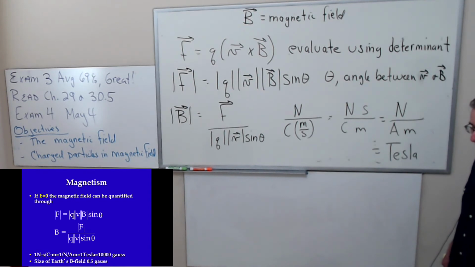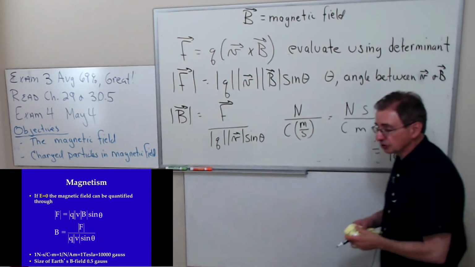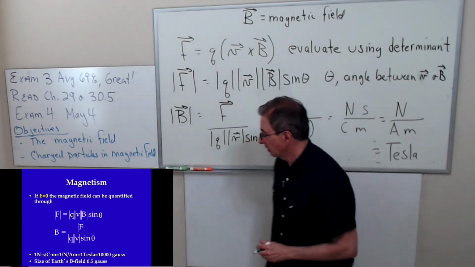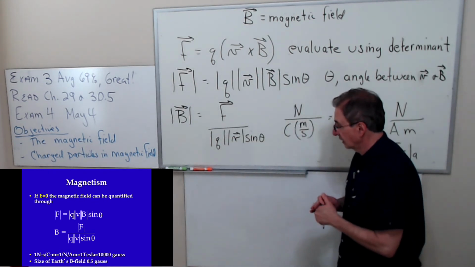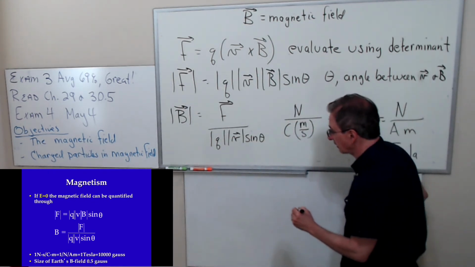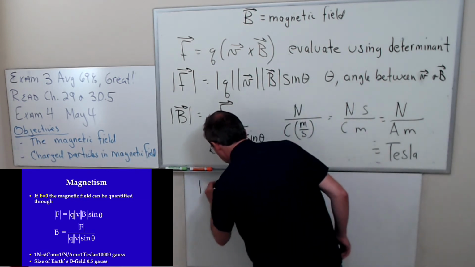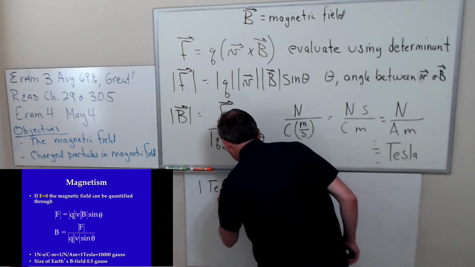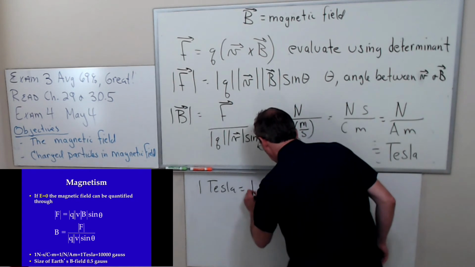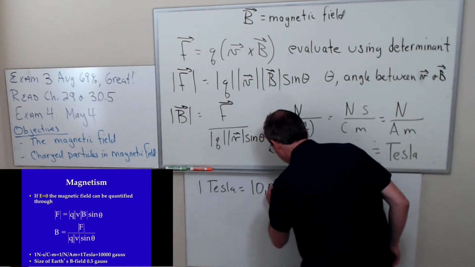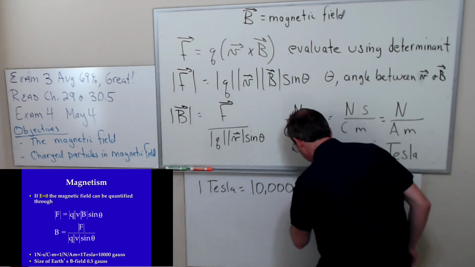Tesla is actually a fairly large unit for a magnetic field. There's also another unit for the magnetic field called a Gauss. One Tesla is 10,000 Gauss.